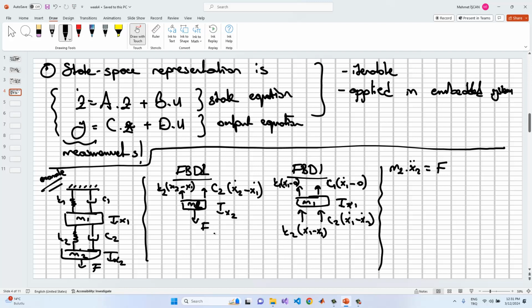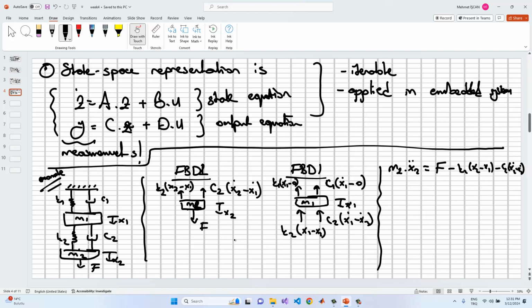And so this F increases the x2 position, because we have the same direction for both the force and x2, okay? But k2 (x2 minus x1) and c2 (x2 dot minus x1 dot) should be given here, okay?